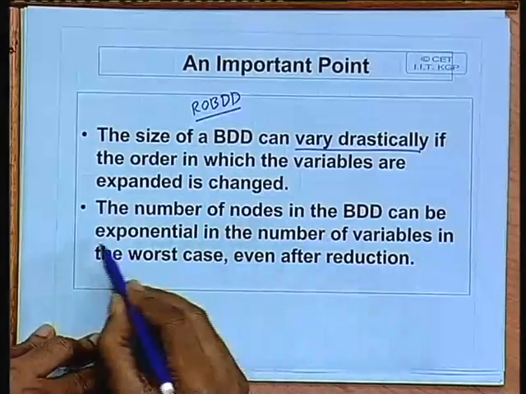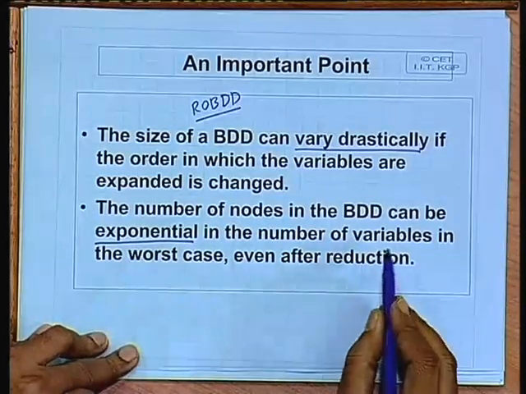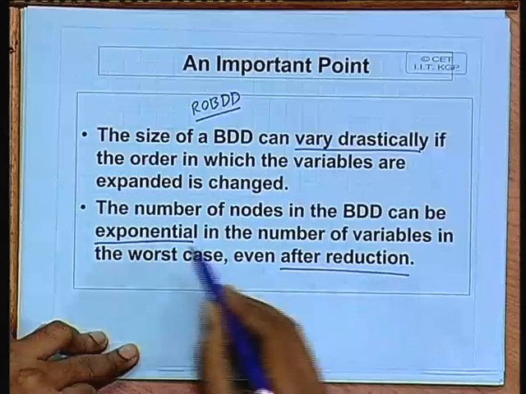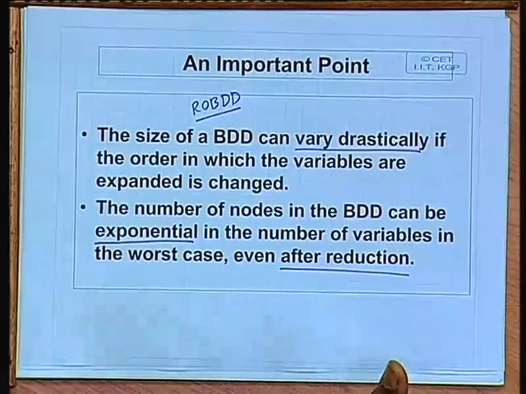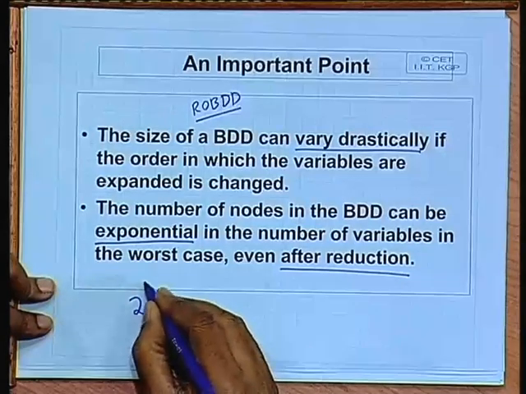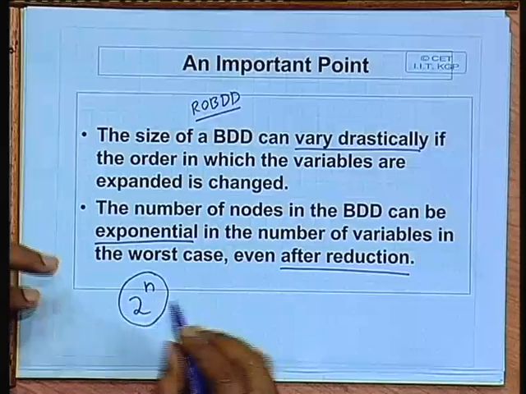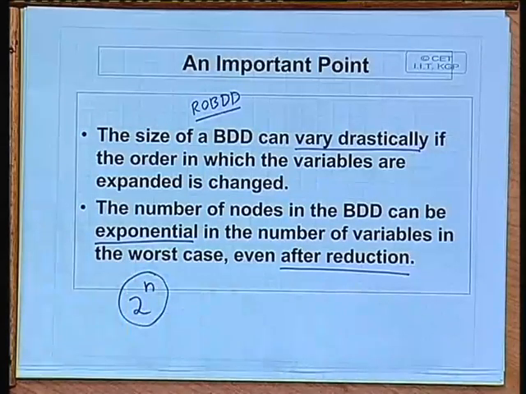And the worst case, as I told you, is that the number of nodes can be exponential, and even in extreme cases after reduction you cannot reduce much, it will still remain exponential. So, the size complexity of a BDD in the worst case is 2 to the power n, but for most functions after reduction we get a drastic reduction.